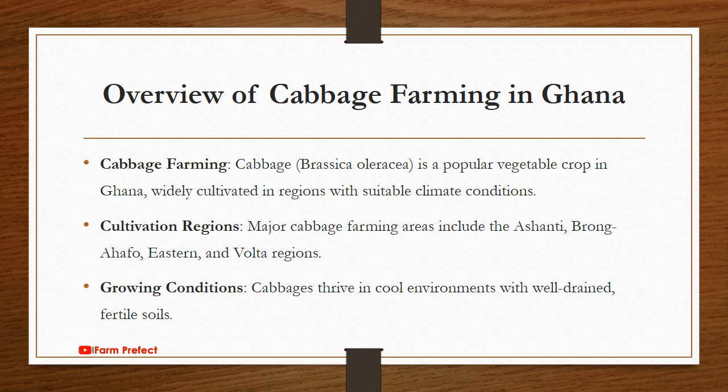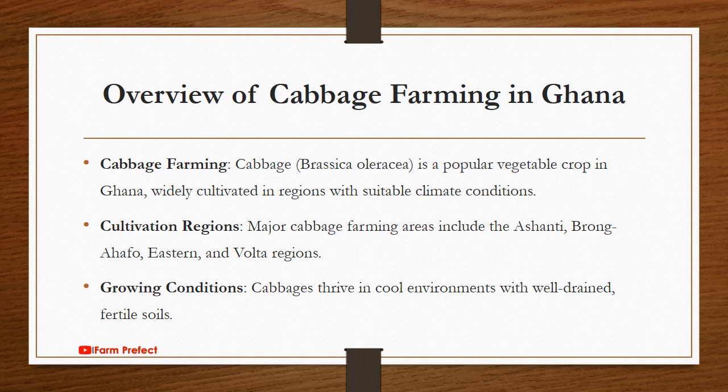So another name for cabbage actually is Brassica oleracea. Yes, so it is one of the vegetables that I will say is very profitable.